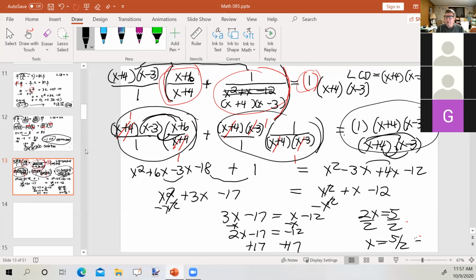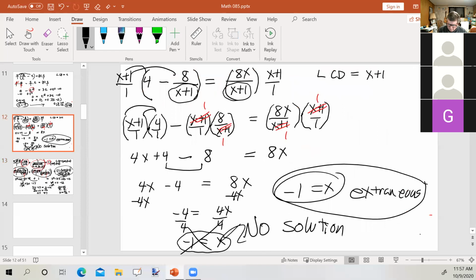Now, there's 2 levels of checking your work. If you are just totally confident, there's no way I'm going to make any mistakes, I don't have to check my work, you still need to plug the answers into all of the denominators, because in the last problem, I didn't do anything wrong.